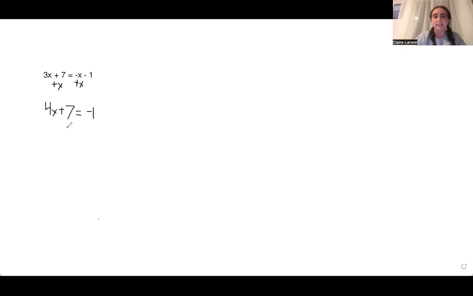So now we're going to do the same thing with the lone numbers. Since we want all the x's by themselves, we have to subtract 7 from this side. So we're going to do that by saying -7, and we always have to do it to the other side too. So -7 over here.